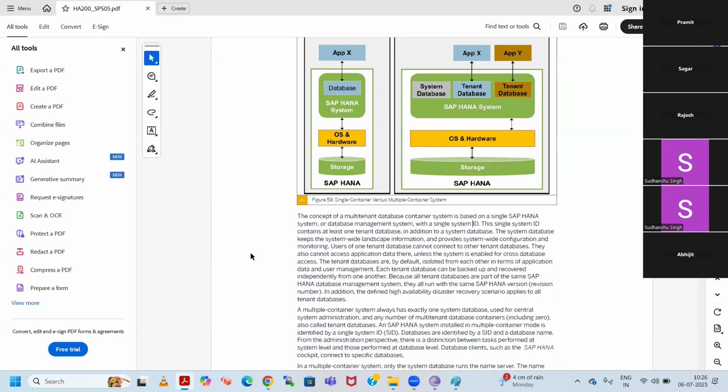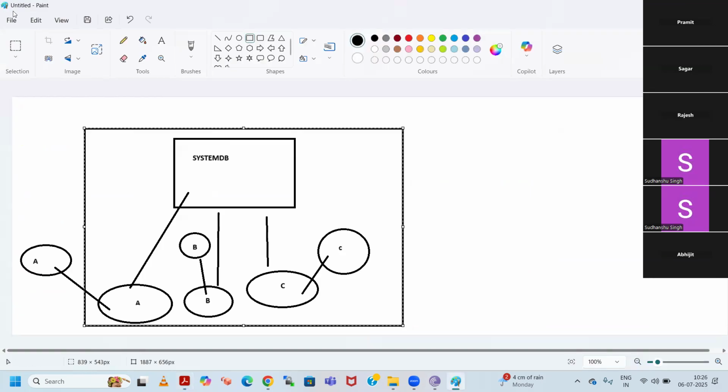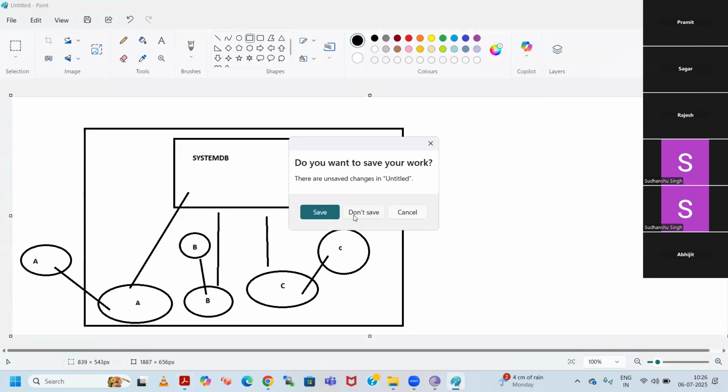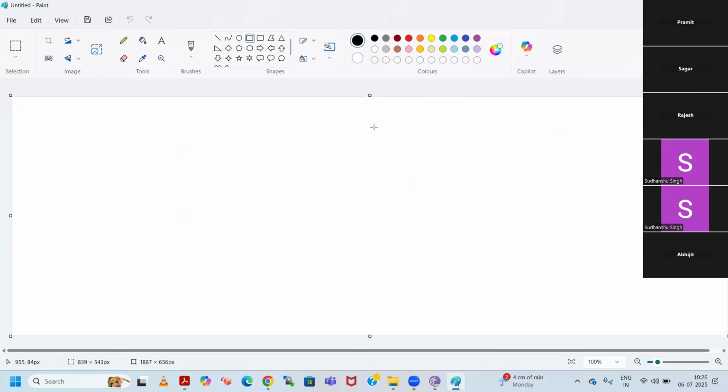Okay, Pramit was going in somewhat the correct line, but not entirely. Now, everyone, guys, this is for everyone. Remember one very, very important thing. Whenever you are installing a HANA database, you will always install systemdb. Right, guys? What do we install?